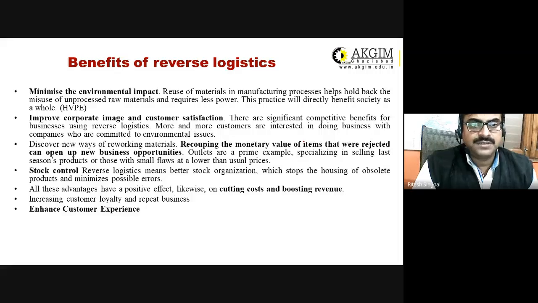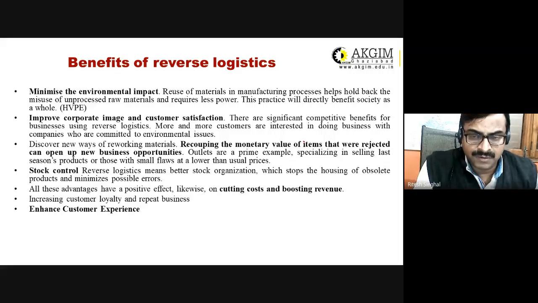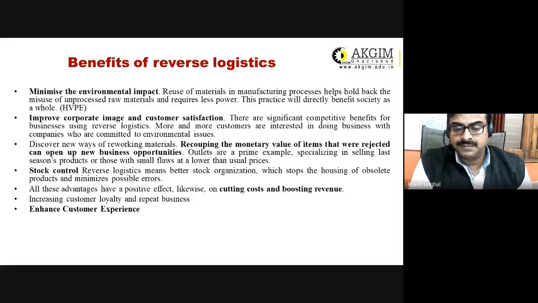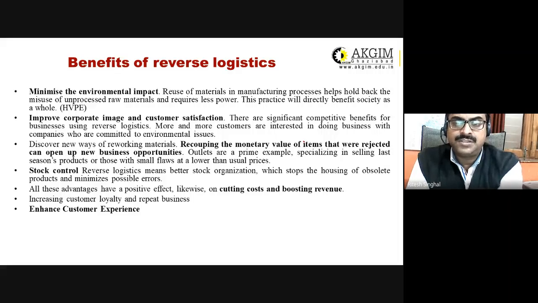Stock control: reverse logistics means better stock organization, which stops the housing of obsolete products and minimizes possible errors. So the product which is obsolete, which is not technically very updated, can be stocked out at any time. That can be given back to the company for sale.